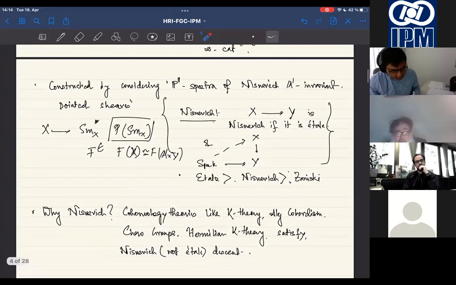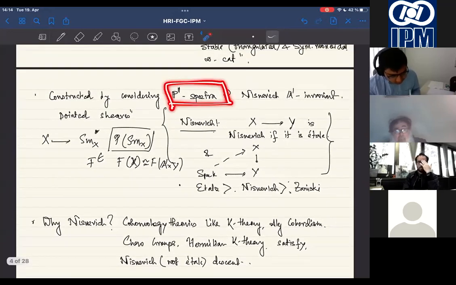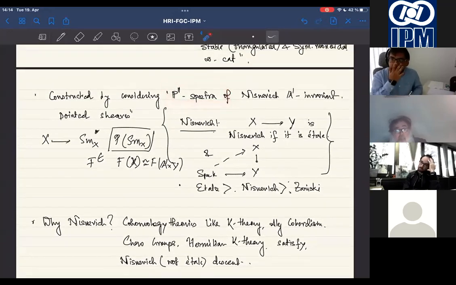And of course, I didn't explain this P1 spectra thing. It's like you take all these sheaves and you want to stabilize them. That means you do what you do to define spectra for topological spaces: you take sequences of topological spaces and consider the suspension. You have functors between the suspension of one and the other, and you have morphisms.